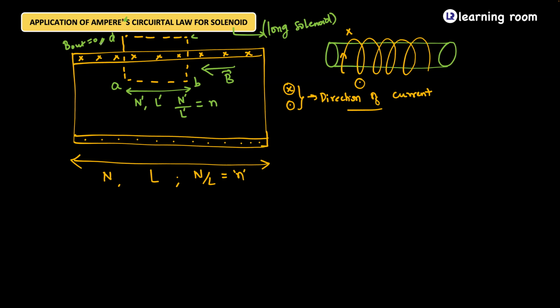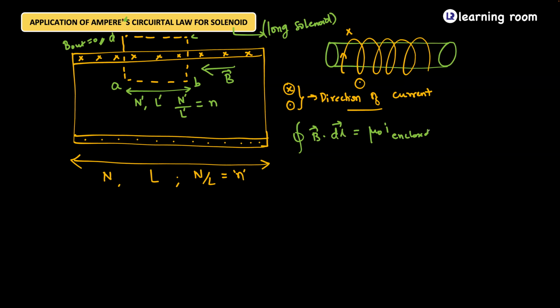So I will write the line integral of B vector dot dl vector is equal to mu naught into the current enclosed by the Amperian loop. Here B vector and dl vector are in the same direction.